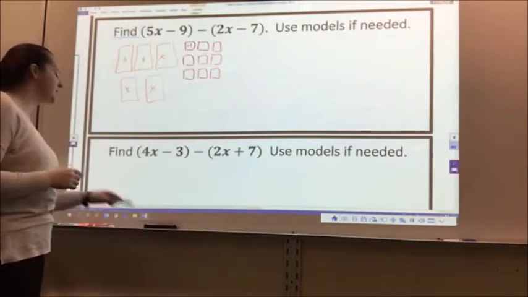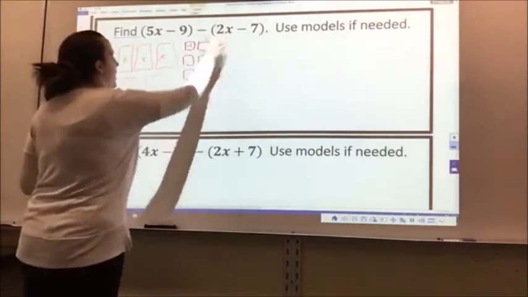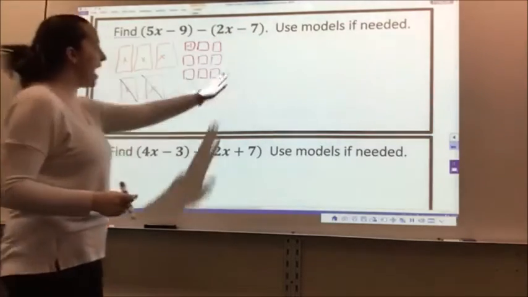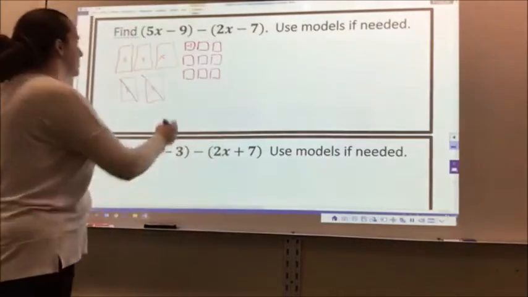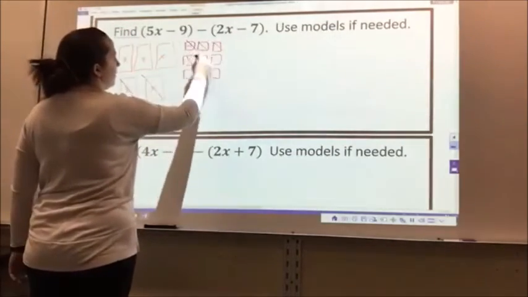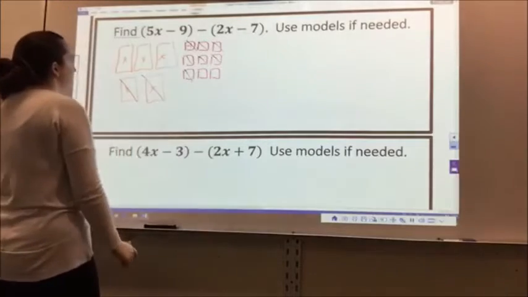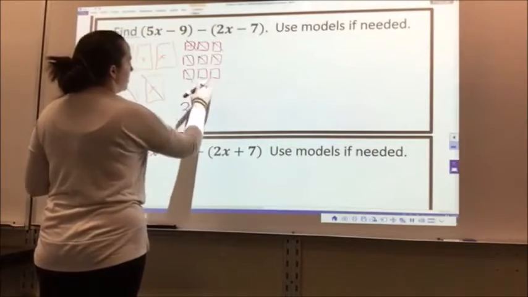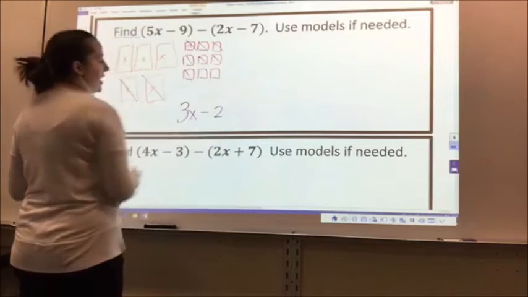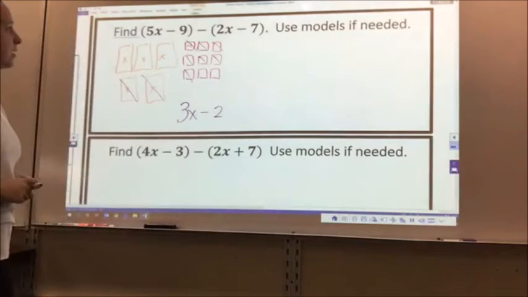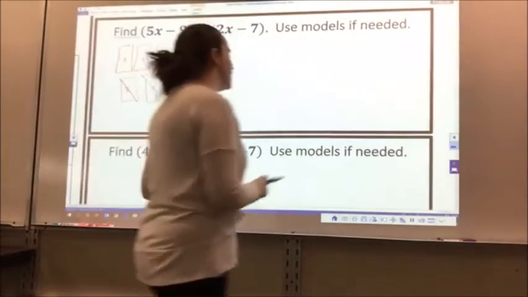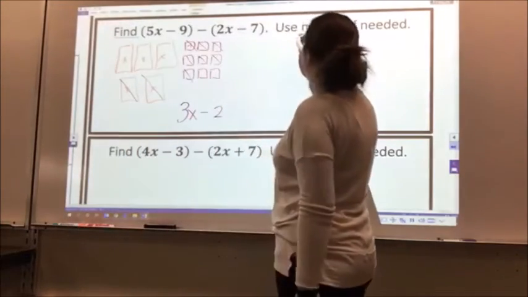Now it's telling me to subtract 2 x's, so I take away 2, they're gone, and subtract 7 negatives. 1, 2, 3, 4, 5, 6, 7. So I'm left with 3x minus 2. Remember, those were negative to begin with. So I can use models. That's one way of doing it. I can change it to additive inverse. I'll show you that way as well.